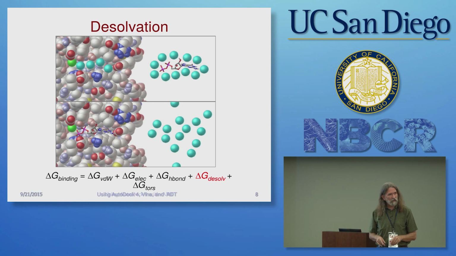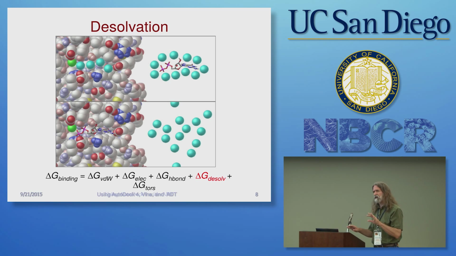There'll be a bunch of water molecules that are released, so it's generally a favorable term. It also models the hydrophobicity effect, right? So that desolvation term is going to be favorable for burial of carbon-rich areas of the ligand and carbon-rich areas of the receptor.